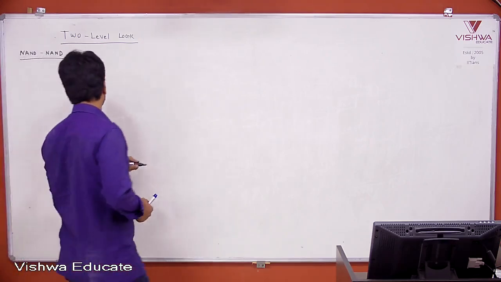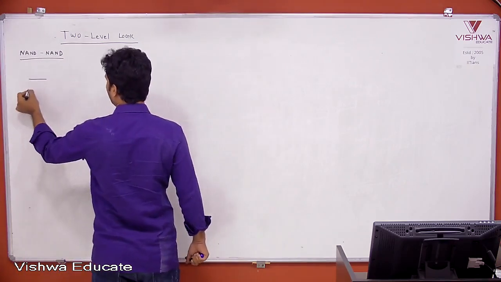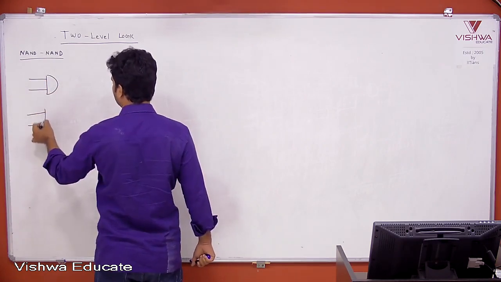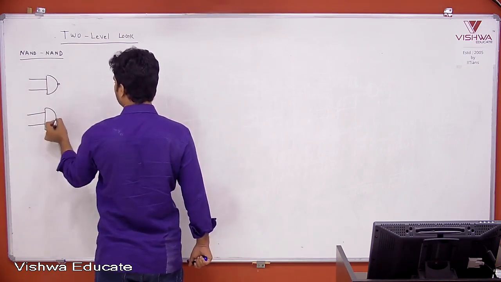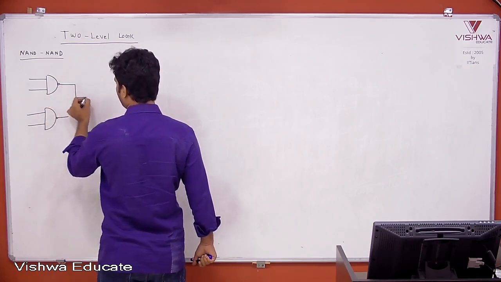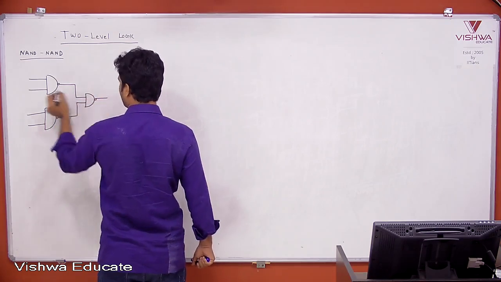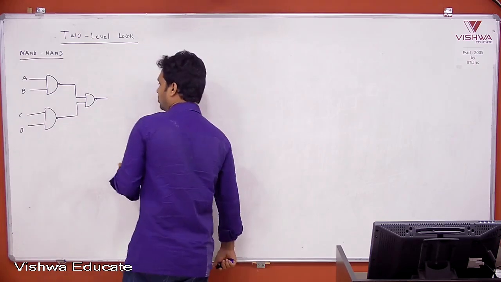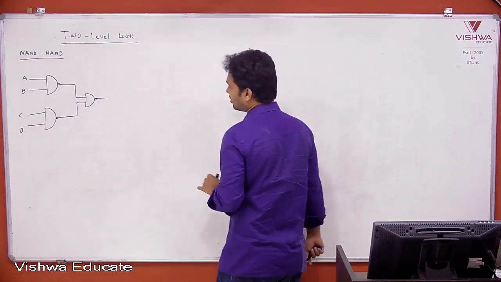What is the meaning of this? If you have a NAND gate followed by another NAND gate, then this is called NAND followed by NAND. Then what is the output of this function?